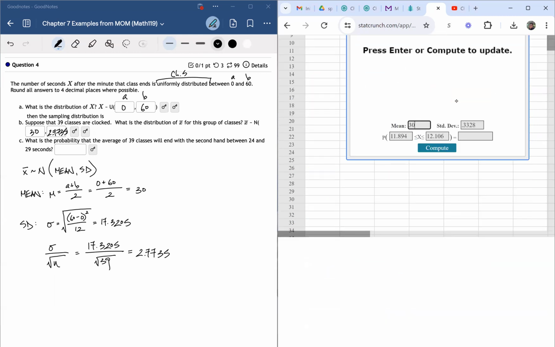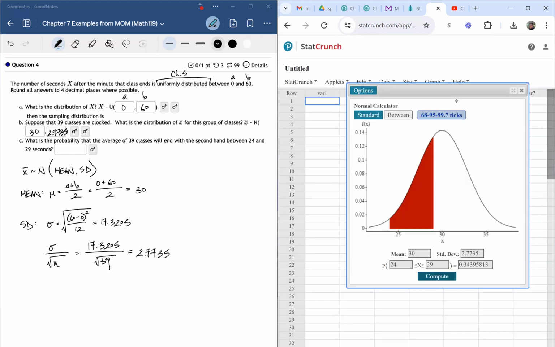We have 30 as our mean, our standard deviation is 2.7735, and we're looking for the probability that we end up with the second hand between 24 and 29, and we click compute. We see it's 0.34 and then 39, but the 9 is followed by a 5, so I actually have to round up. It's going to be 0.345.